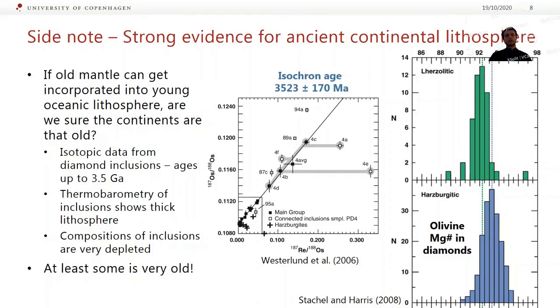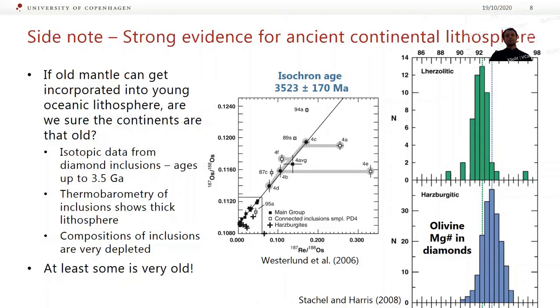We have some pretty robust data that shows that at least some of the continental lithosphere is very old. So on the left here is a rhenium-osmium isochron using diamond inclusions, I think sulfides, from the Slave Craton up in Canada. And you can see that it more or less lies on a 3.5 billion-year-old isochron. So the fact that we have these ages shows that these diamonds are very, very old.